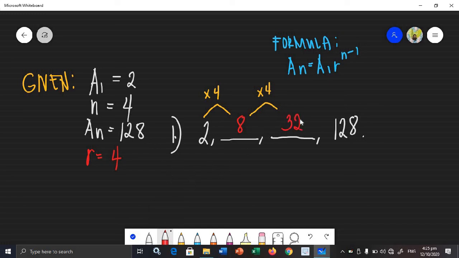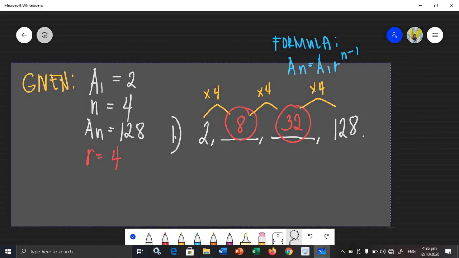And then, check natin if we are right, no? 32 times 4, 128 ba? Yung sagot. Yes, 128. So therefore, the value of the means of the geometric sequence are 8 and 32. Okay? So yun na yung sagot nyo.